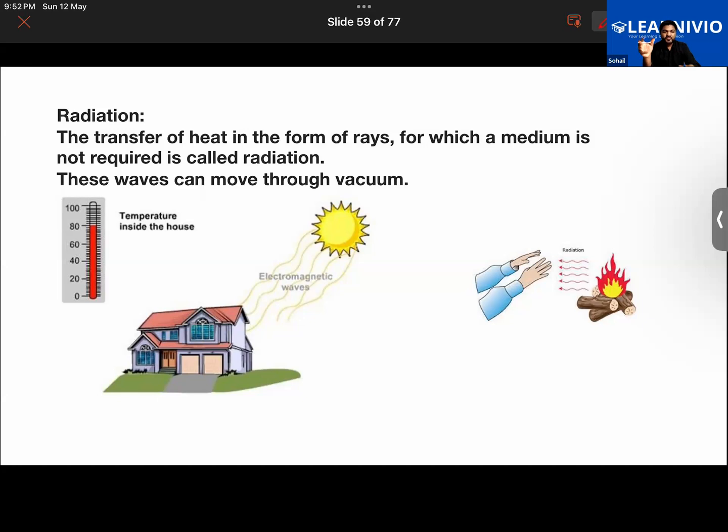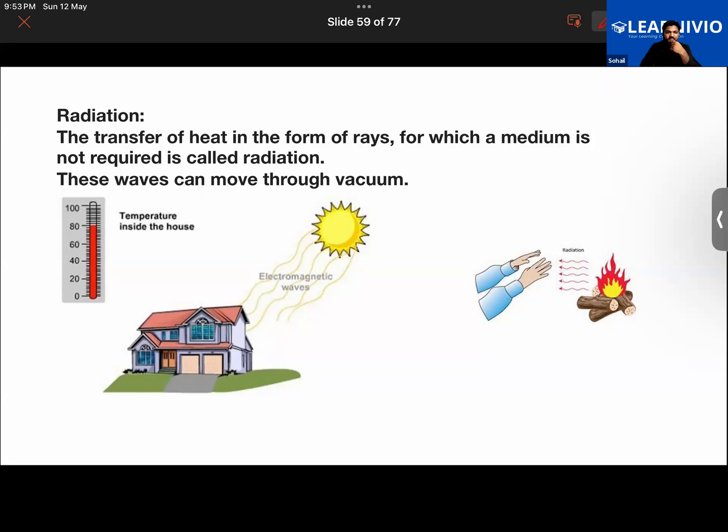So the process through which the earth receives heat from the sun is called radiation, and no medium is required for the transfer of heat by radiation. The transfer of heat can take place even if a medium is present or not. That's what we can conclude as of now.